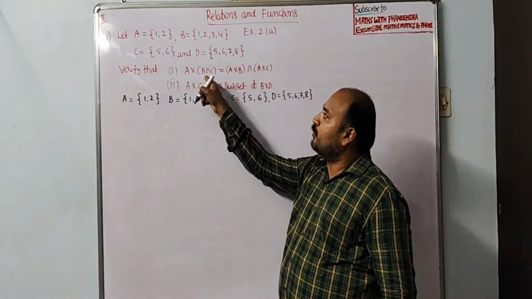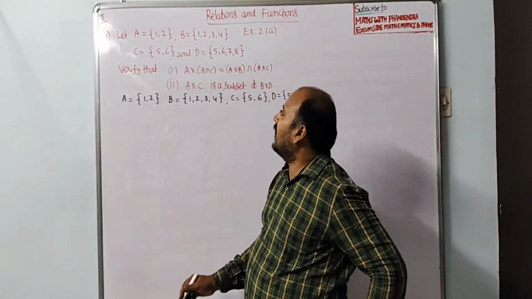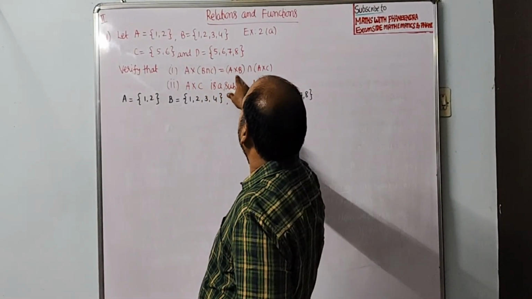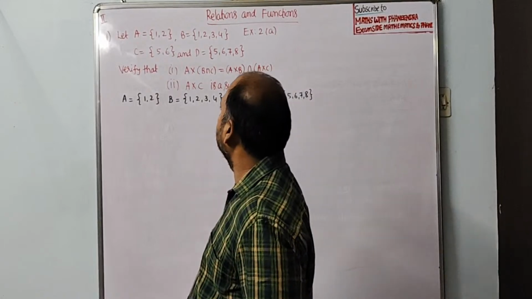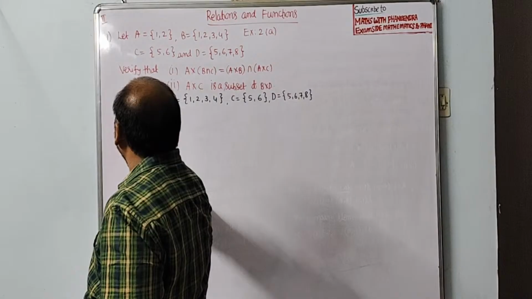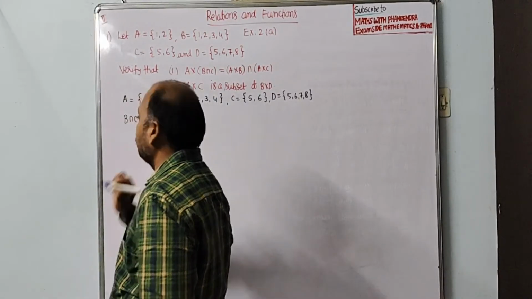To prove the first one, we need to calculate B intersection C, A cross B, A cross C. Okay. First, I am going to calculate B intersection C.